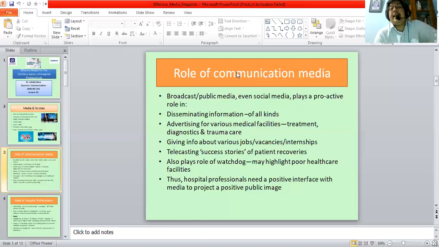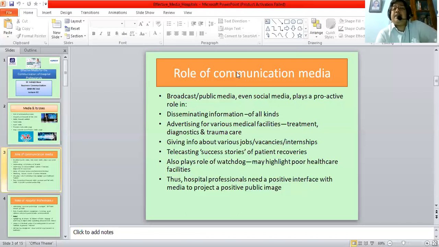A positive image must always be projected in the media to build the confidence of the general public in your healthcare system and the facilities. It is only then that you will be able to build commitment and a relationship of trust with your public. And this will foster a long-standing relationship in the future. So keep the image building part also in mind.